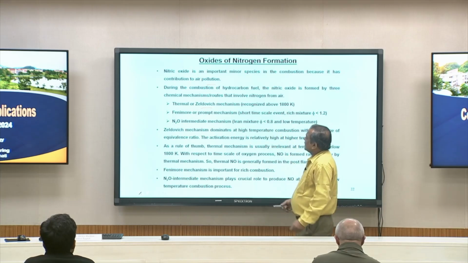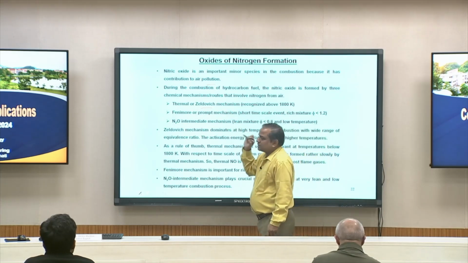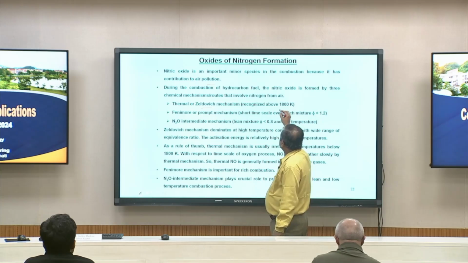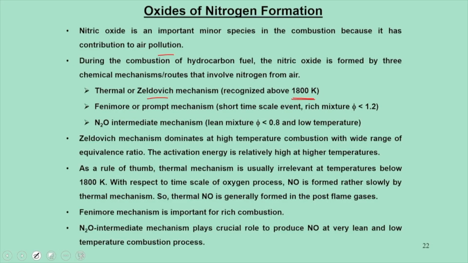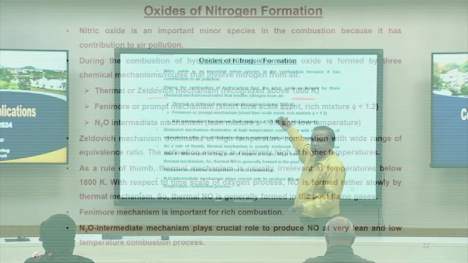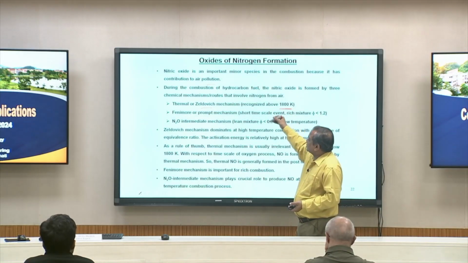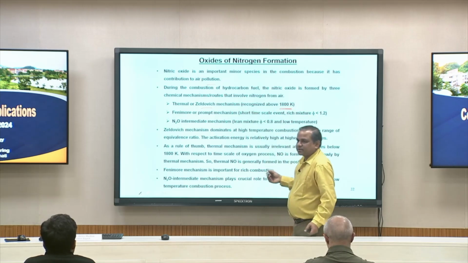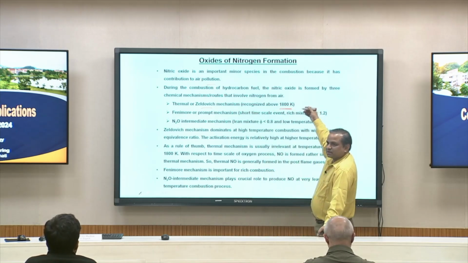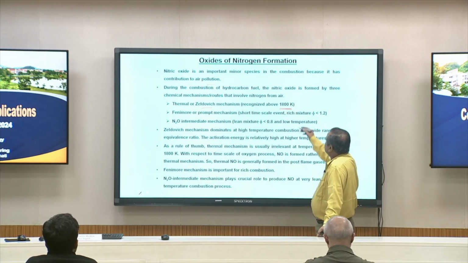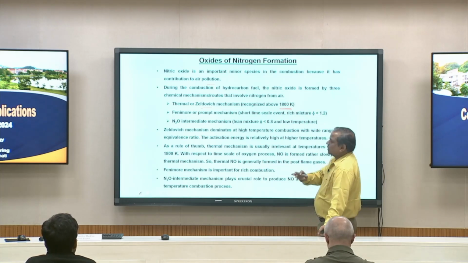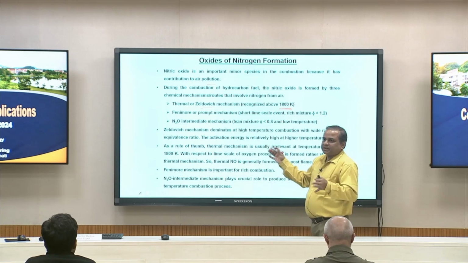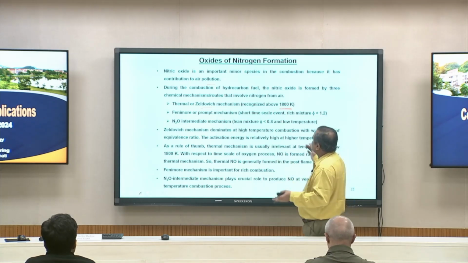When you see Arrhenius equations, normally when the environment is 1800 degrees and above, this mechanism is realized. We don't feel thermal effects below this. That means it is improper to use the Zeldovich concept when the temperature is not above 1800 Kelvin.